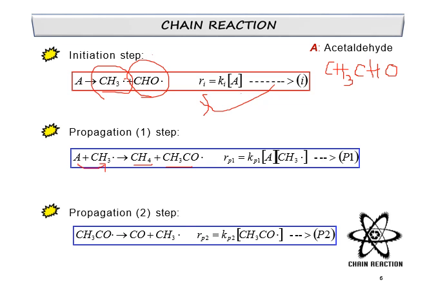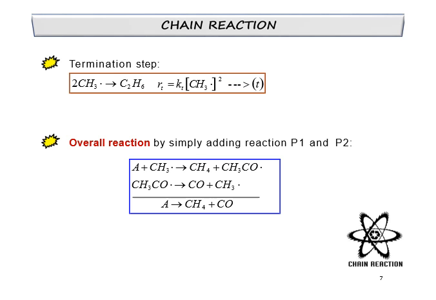As for propagation step 2, of course the radical CH3CO dot ni, dia pula akan terurai untuk membentuk carbon monoxide and CH3 radical. So this is the rate law for propagation step number 2.